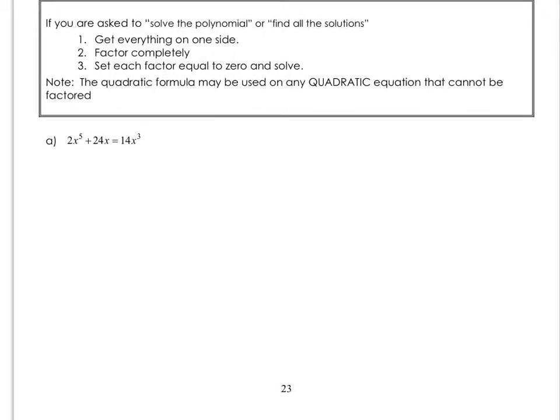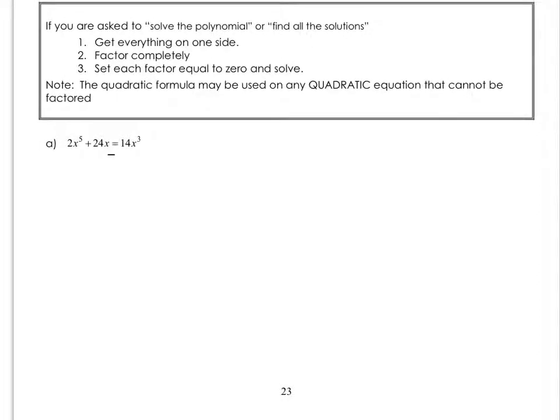So this one's a little more complicated in that it's going to be an x to a 5th power. However, we do know we should make it equal to 0. So first thing we should probably do, let's just subtract out 14x to the 3rd. Okay, knowing that stuff should be in descending order, we're going to have this.